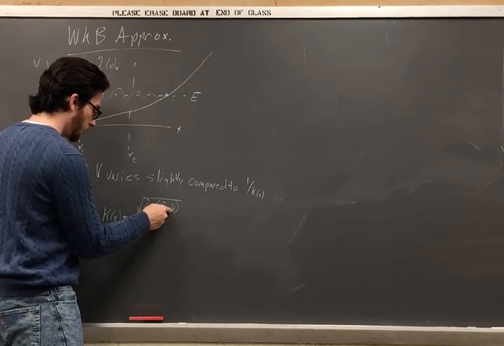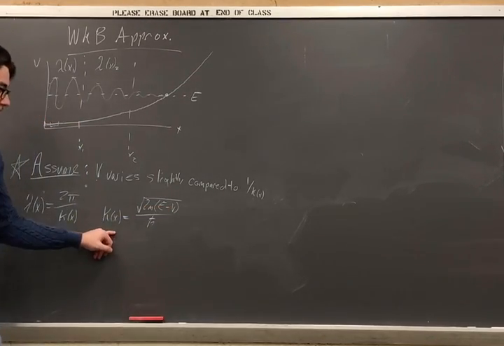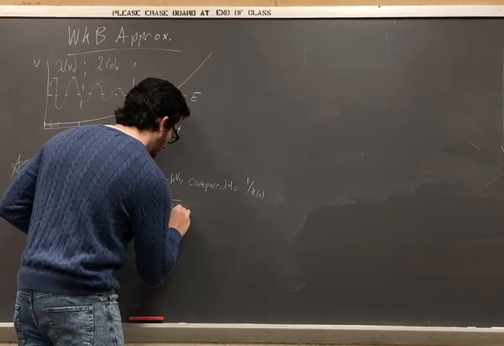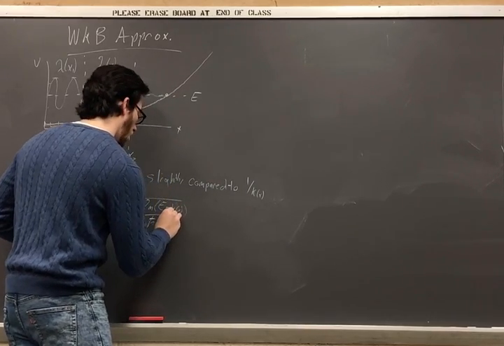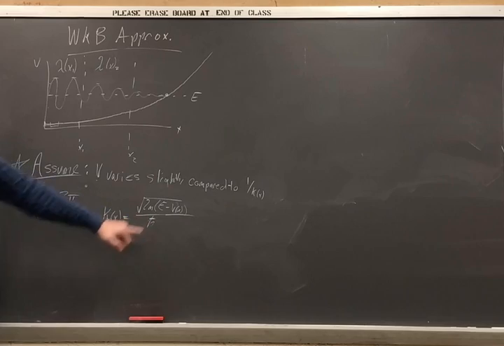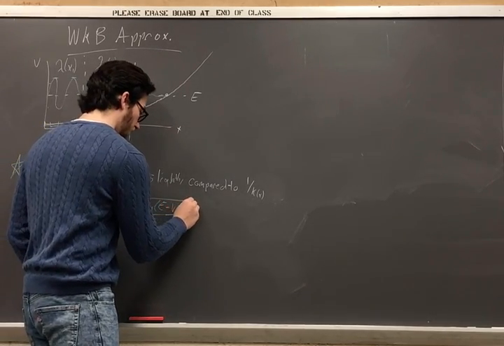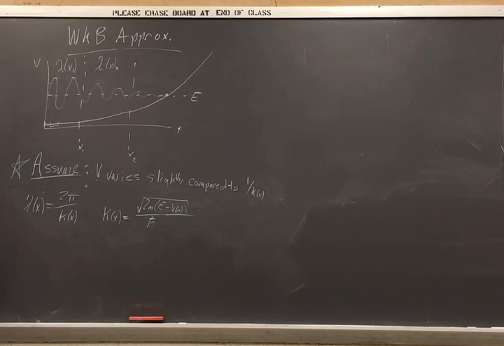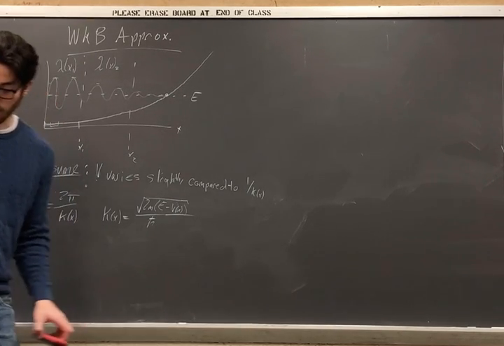But now here, note that this is our normal k. But what's different here is that our k now depends on x, because our potential depends on x. So that's the main change we're going to do here. And these are kind of the base formulas for the WKB approximation. And that's where our assumptions will all come from later.